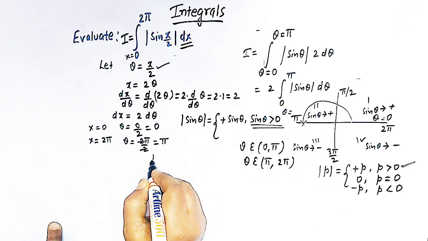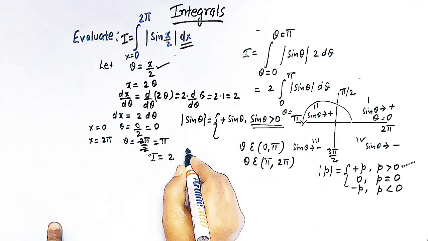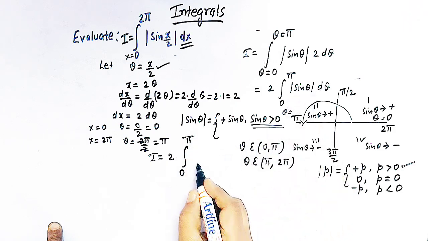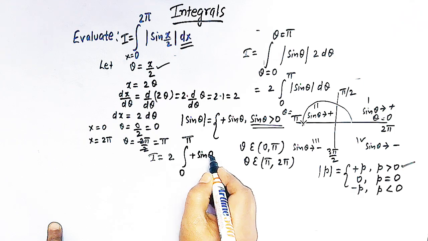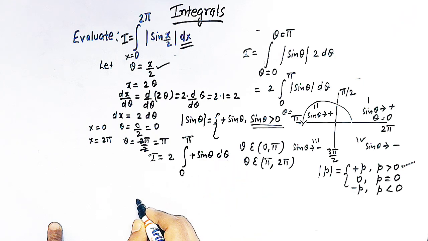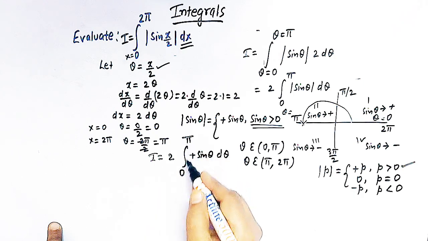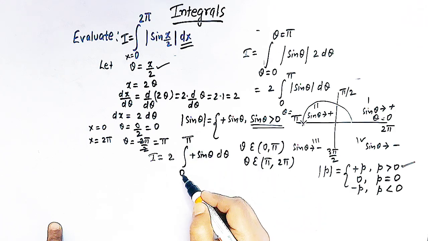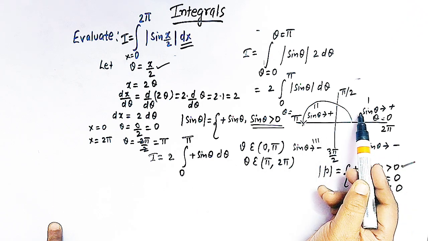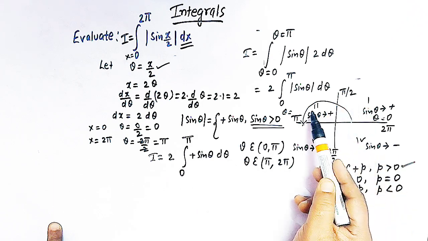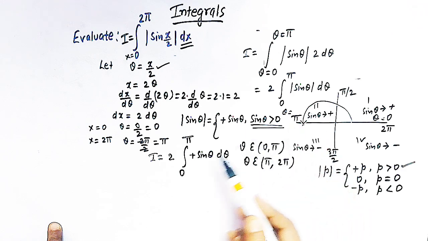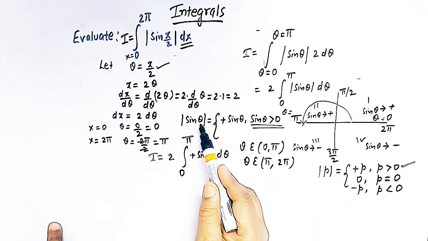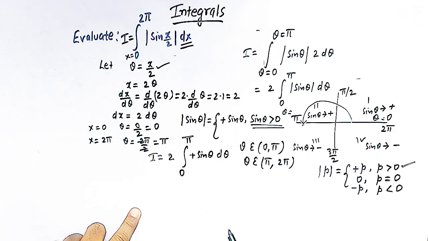So now this integral I can be written as 2 times the integral from 0 to pi of positive sine theta d theta. Here the limits of integration are from 0 to pi, that is we have to restrict ourselves to the first and the second quadrant only. So when theta varies from 0 to pi, then mod of sine theta is positive sine theta.